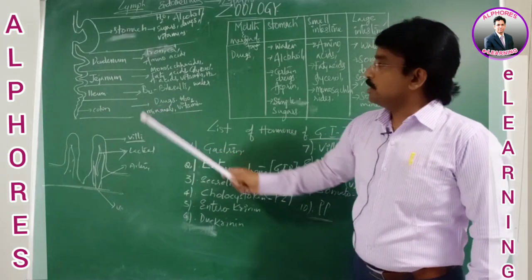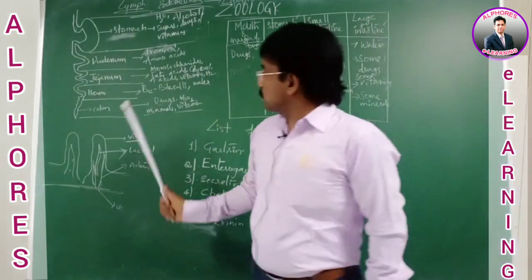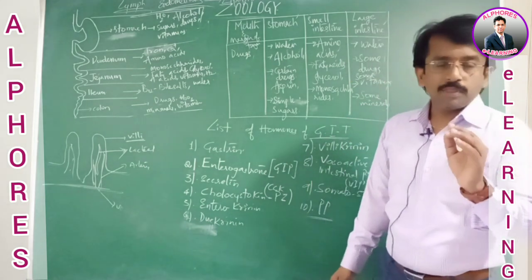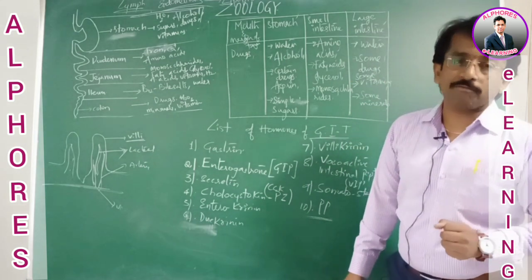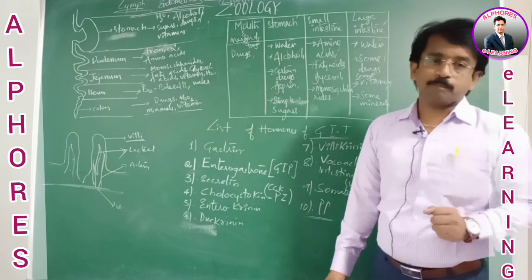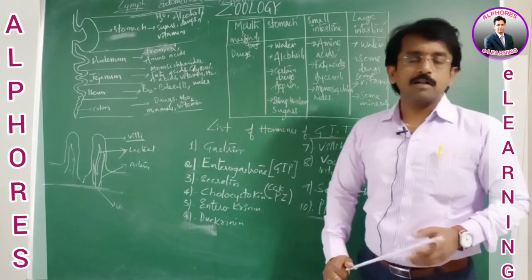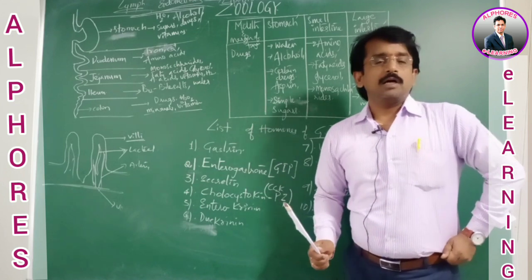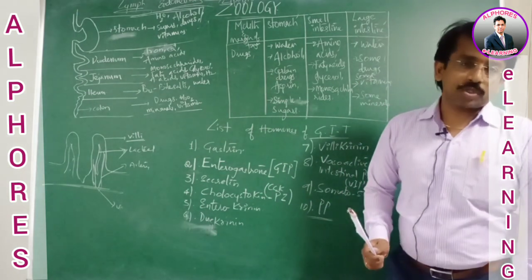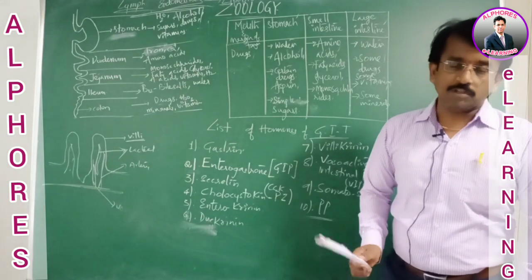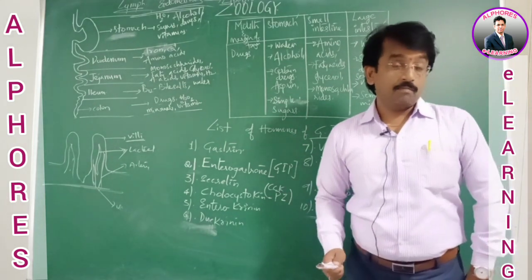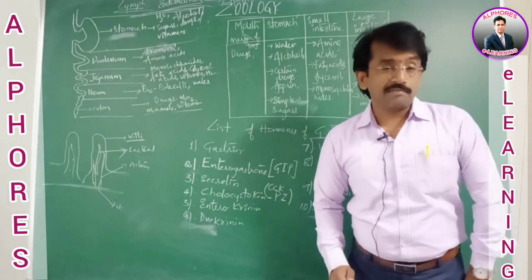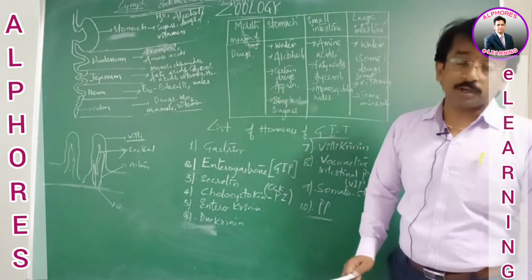Next, the absorption of vitamin B12 is aided by the Castle's intrinsic factor. We have discussed Castle's intrinsic factor, which is a factor secreted from the cells in the gastric juice called oxyntic cells or acidic cells. Besides that, HCl is secreted.